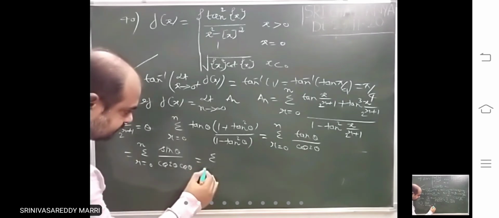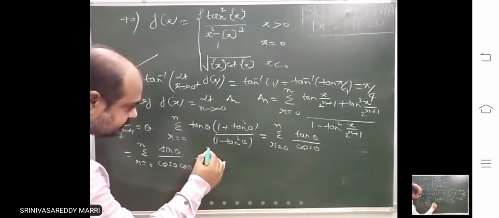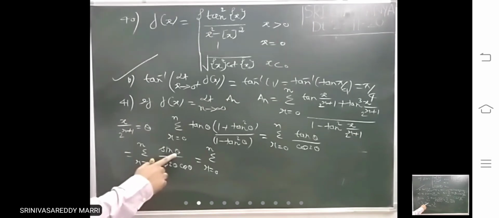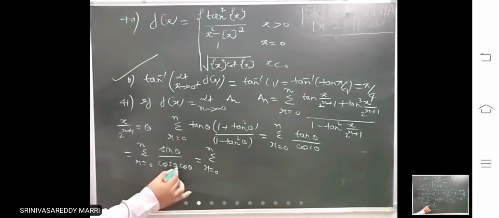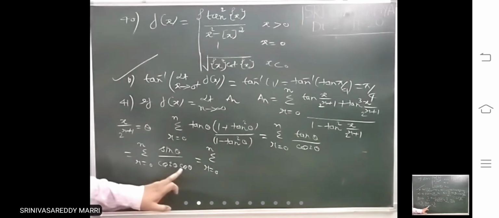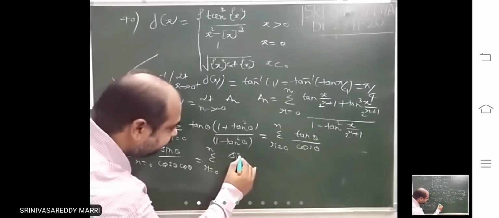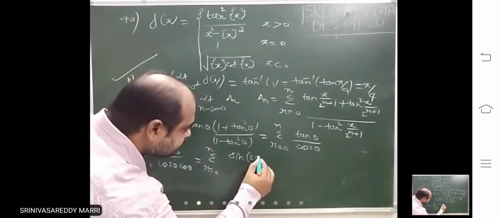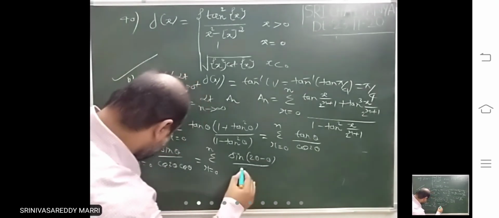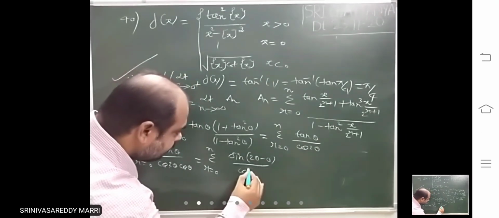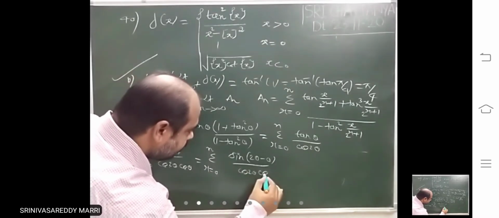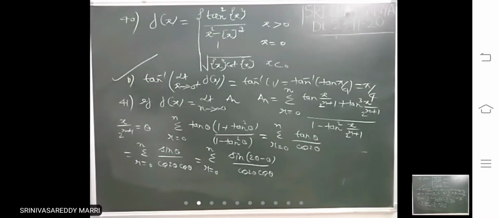Now, how am I writing this? Here 2 theta and theta are there, and 2 theta minus theta is theta. I am writing sin theta as the difference of the denominator angles, divided by cos 2 theta cos theta.